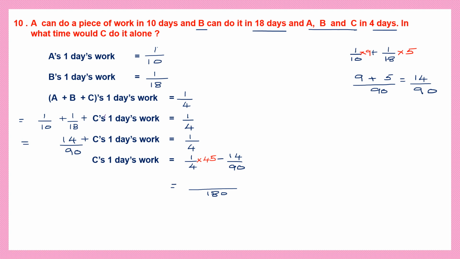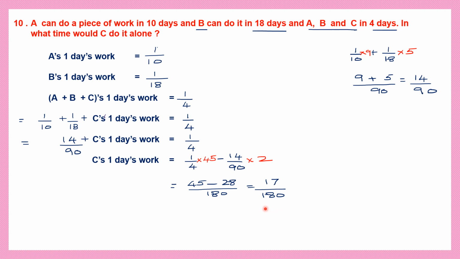So 1 into 45 will be 45 minus 90 into 2 is 180. So 14 into 2 is 28. So now it is 45 minus 28, which is 17. 17 by 180. So this is C's one day's work, 17 by 180.